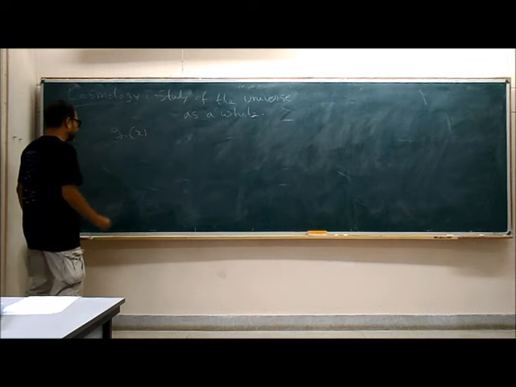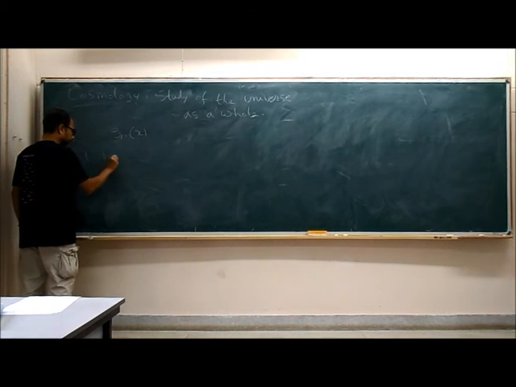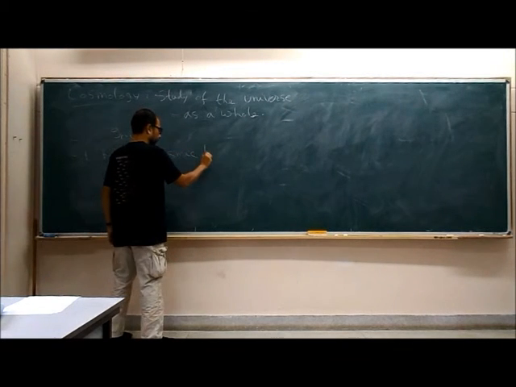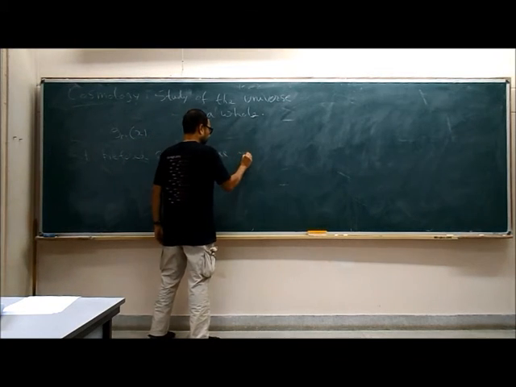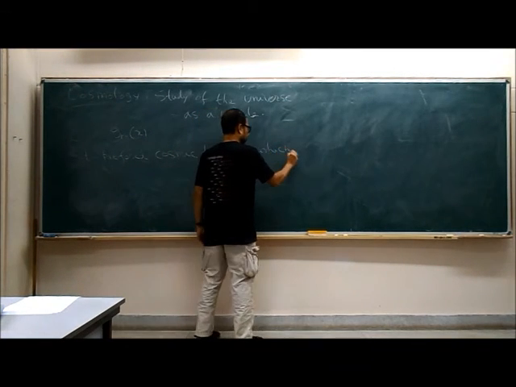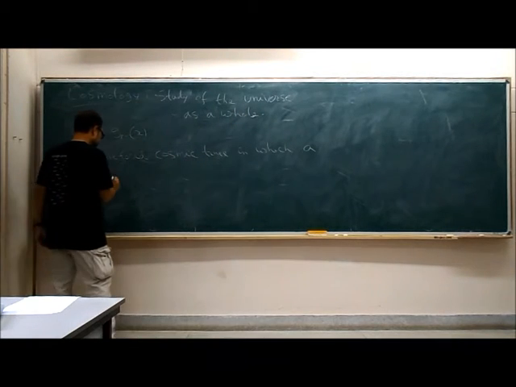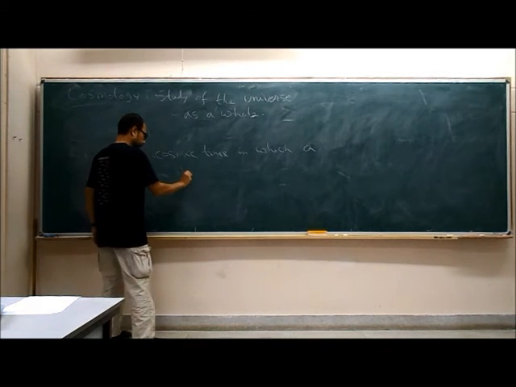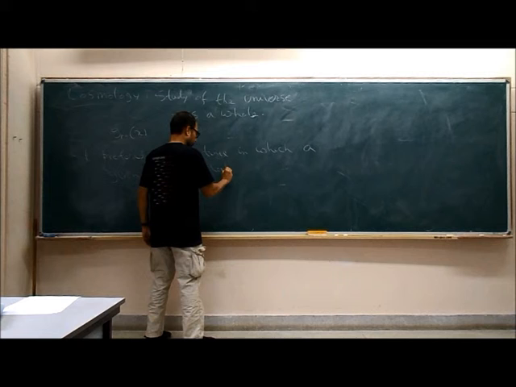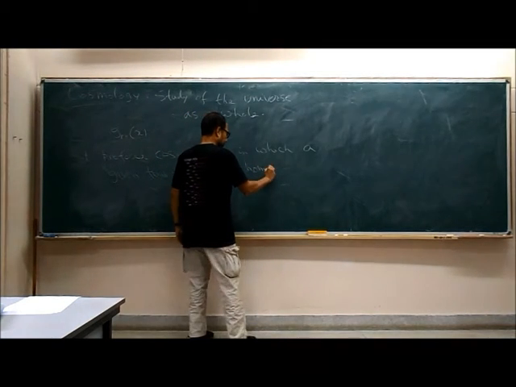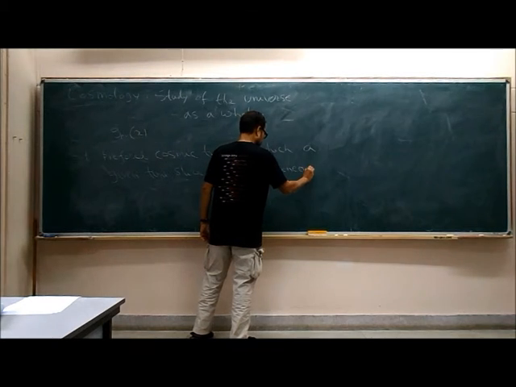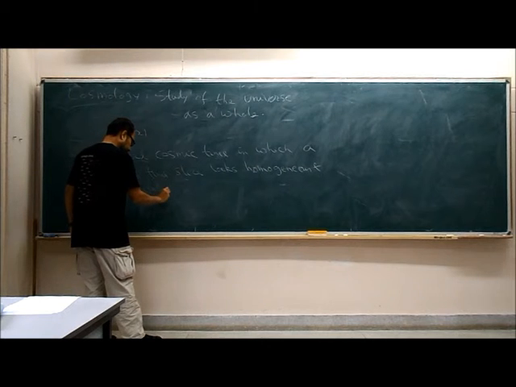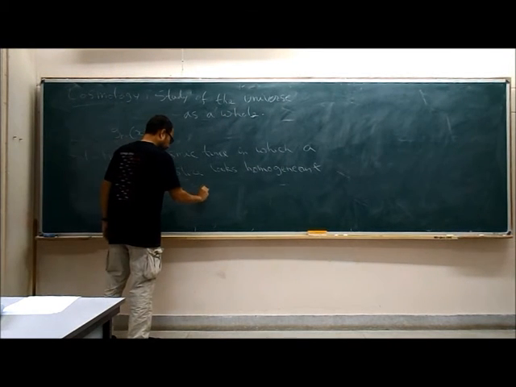So we'll call t the preferred cosmic time, in which a given time slice looks homogeneous and isotropic over large scale.